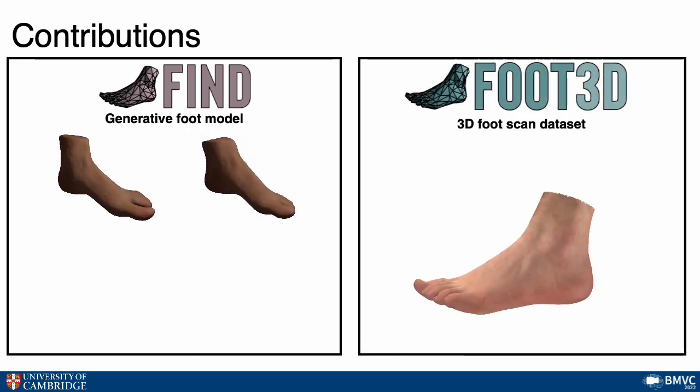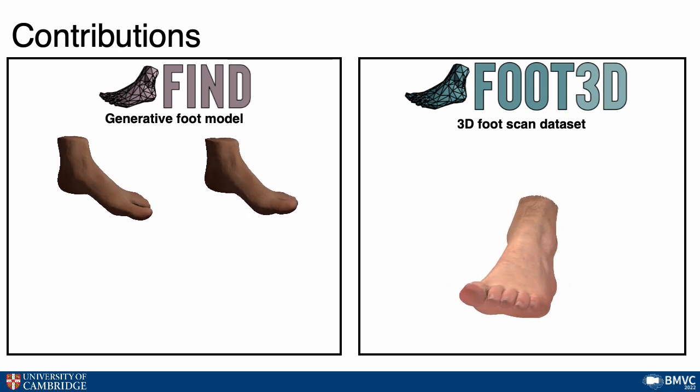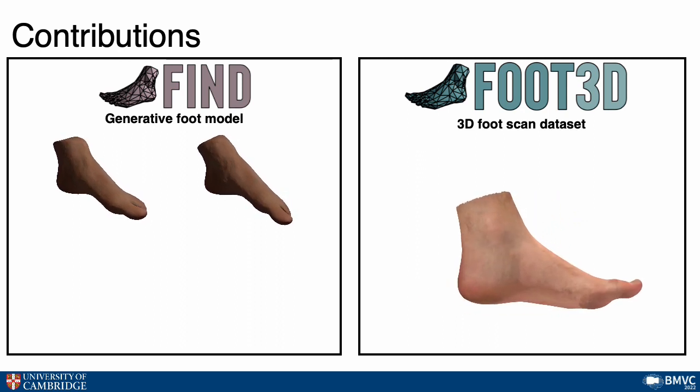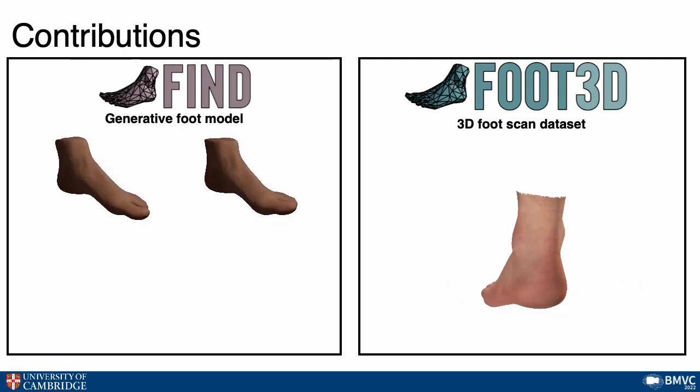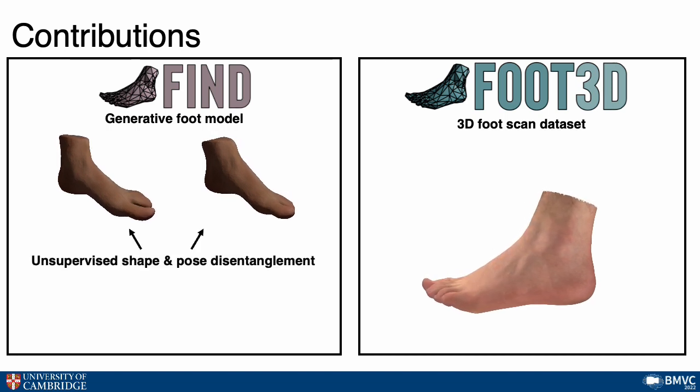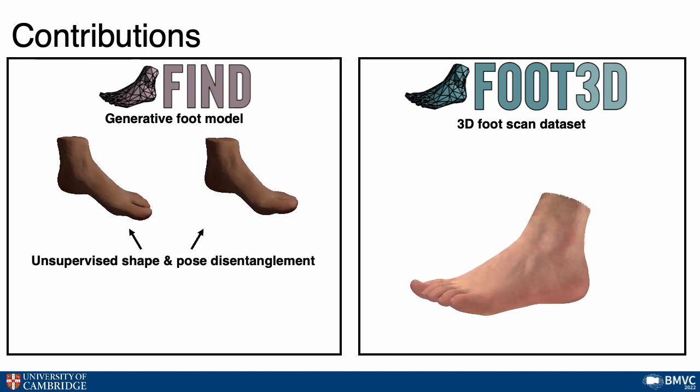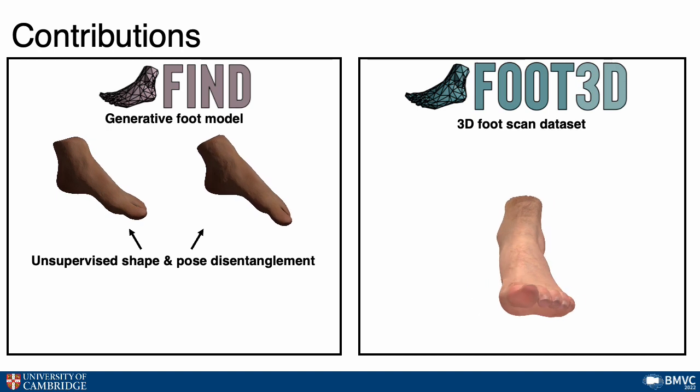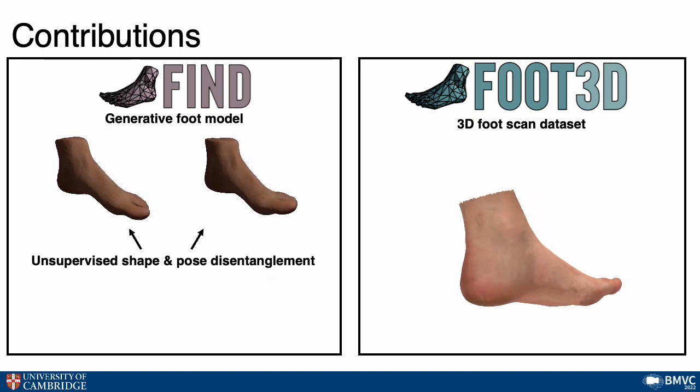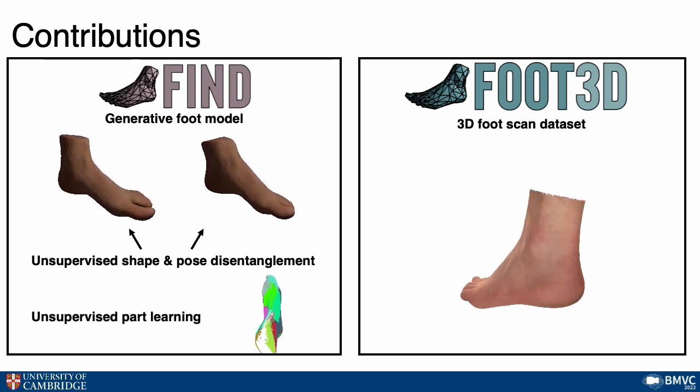Foot 3D, our dataset of high-resolution, scanned feet. A method for learning to disentangle shape and pose in an unsupervised manner. And finally, a method for learning part correspondences in an unsupervised manner.